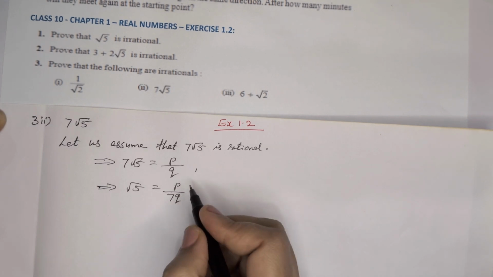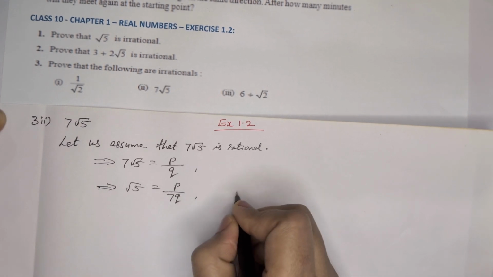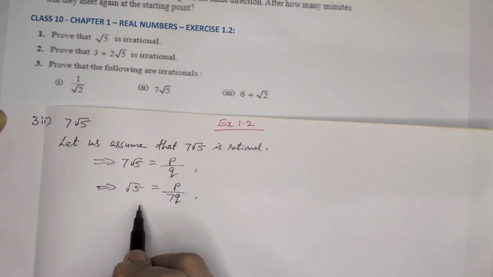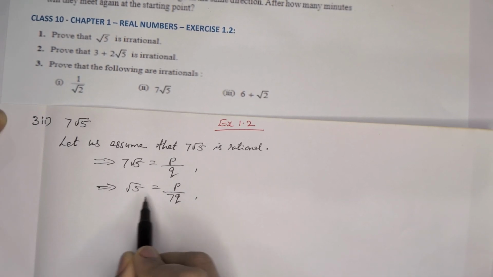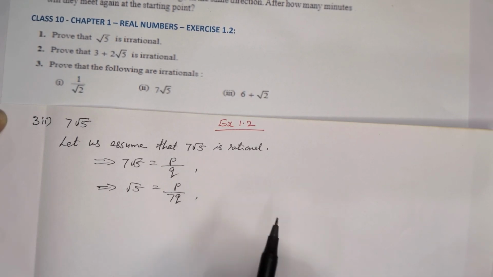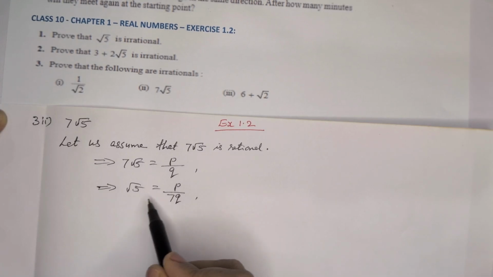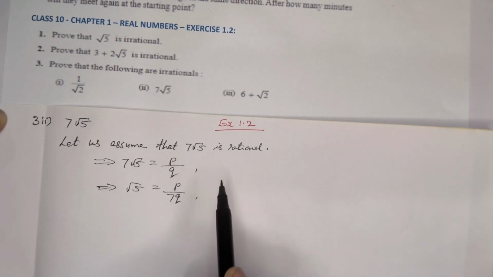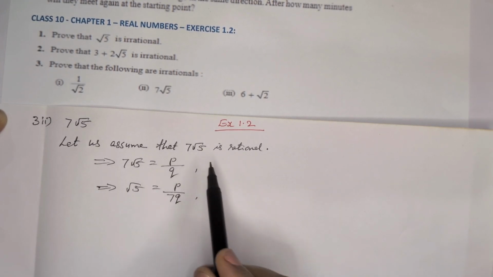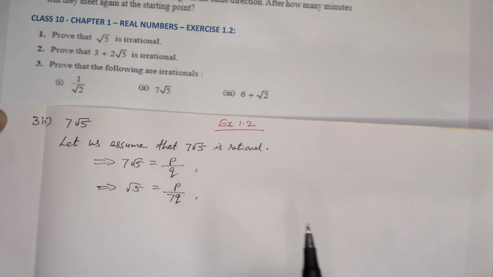Here we can see p by 7q is rational, so root 5 is also rational. But we know that root 5 is an irrational number, which contradicts our assumption that 7 root 5 is rational. Therefore, we can write the conclusion, 7 root 5 is an irrational number.